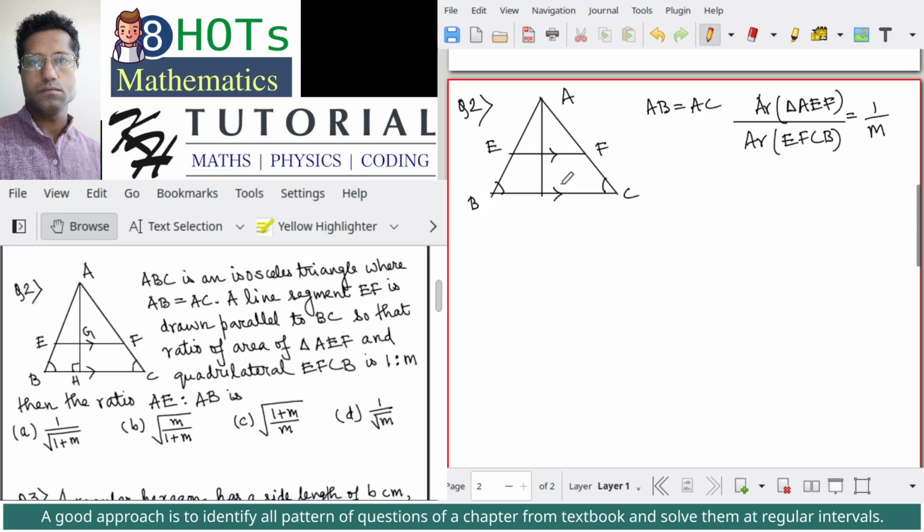If AH is perpendicular to BC, we know one property: in a triangle ABC where angle B is equal to angle C, if you drop a perpendicular from A to BC, then the perpendicular AH will bisect BC, that is BH will be equal to HC.